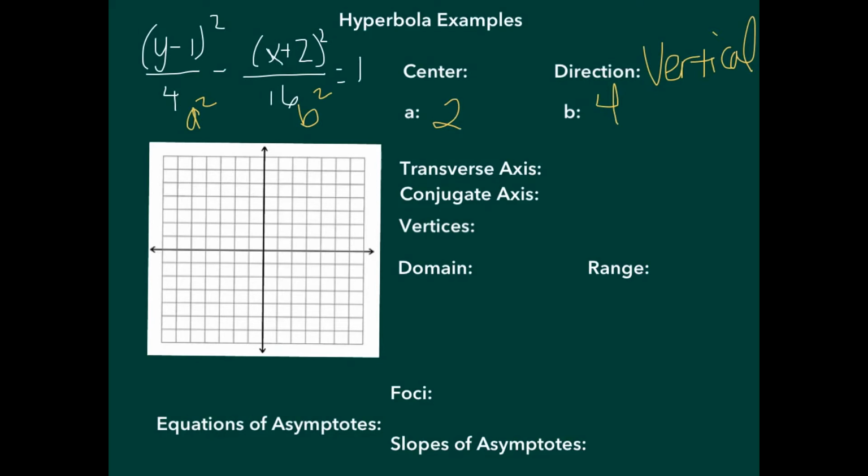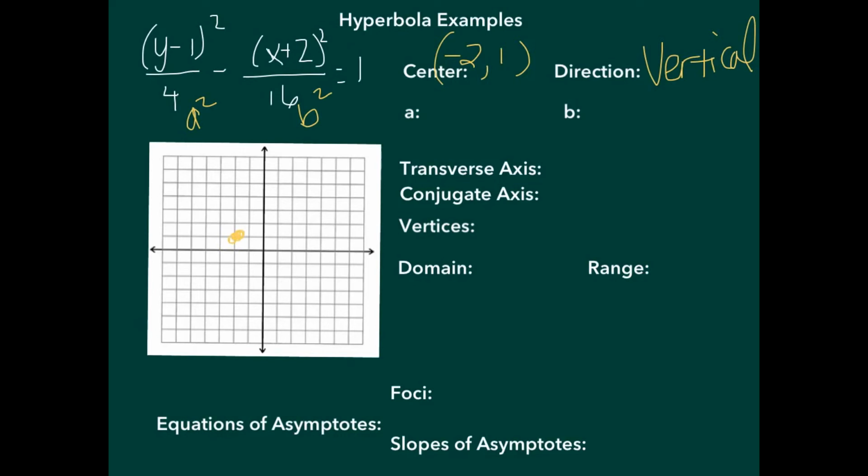And now we want to look at the center, and we're looking at our h and our k. So my h is negative 2 and my k is positive 1. So don't forget that the h is always with the x and the k is always with the y. Okay, so I'm going to go ahead and find my center here, negative 2, positive 1.